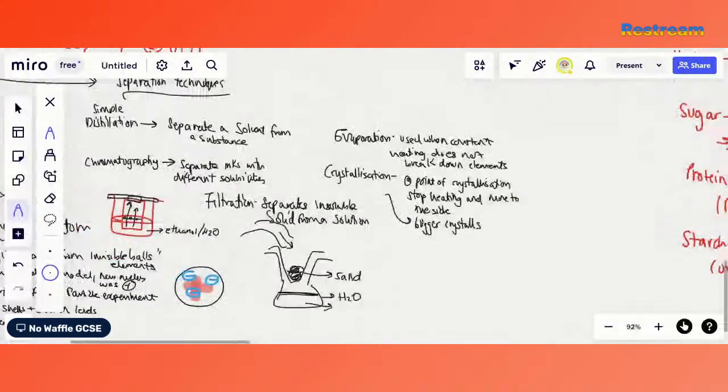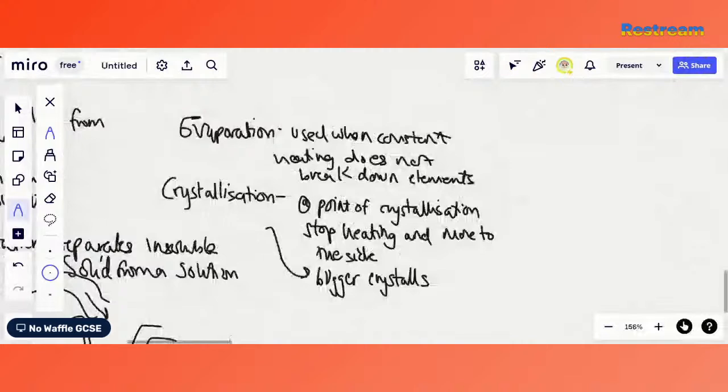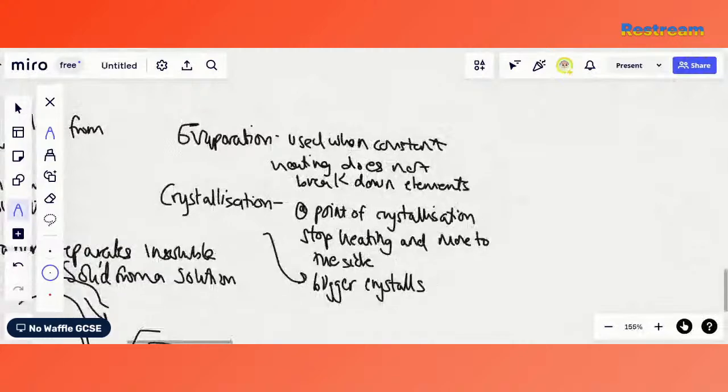We've talked about that. Now we're going to talk about evaporation and crystallization. This is used when you want to get a soluble solid from a solution.